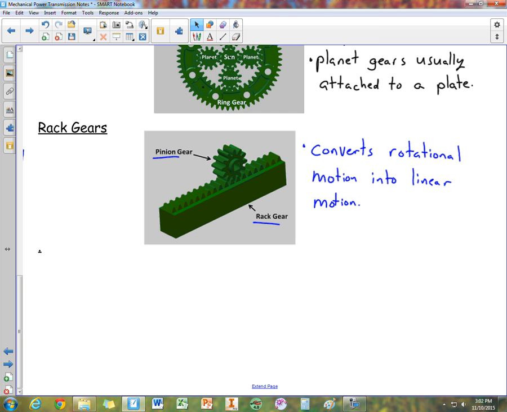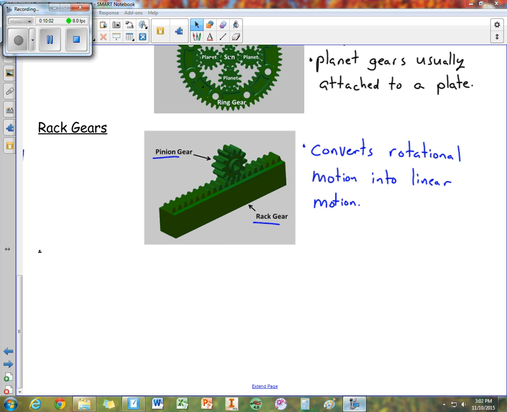So if you need to have something that slides in or out, you can use a rack and pinion to do that for you. All right, that concludes video one.